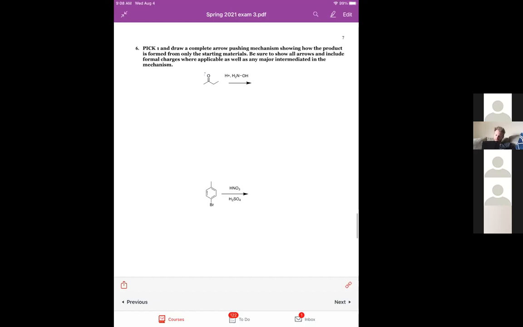We can pick up a proton. From here, nitrogen can come in and do an attack. Our oxygen is basically just going to be along for the ride.